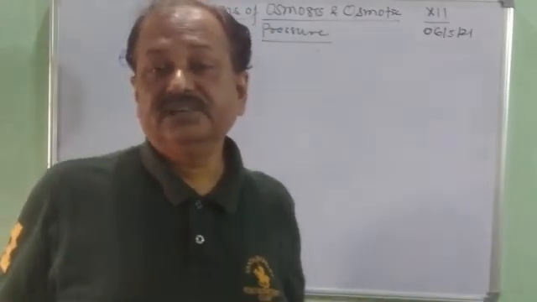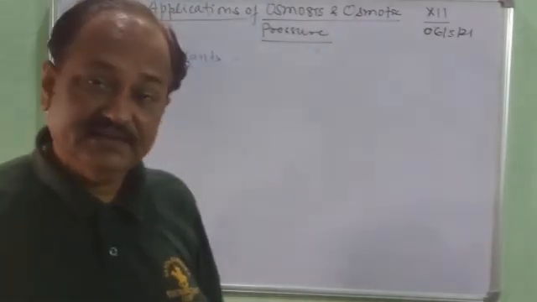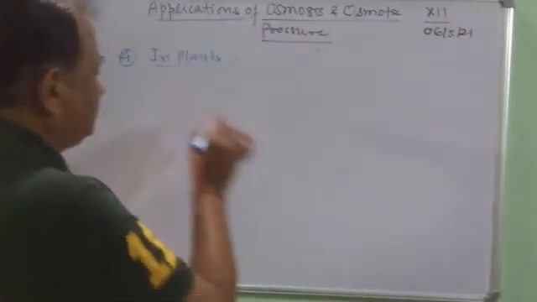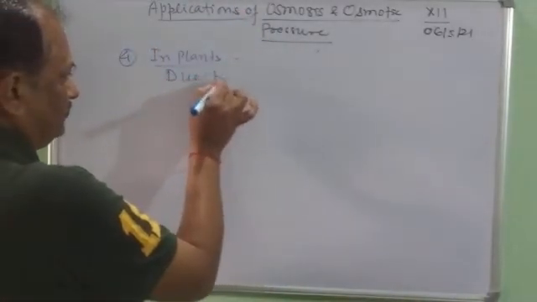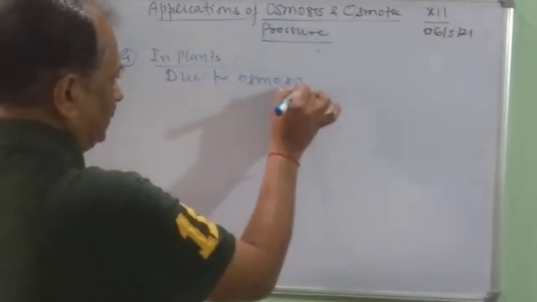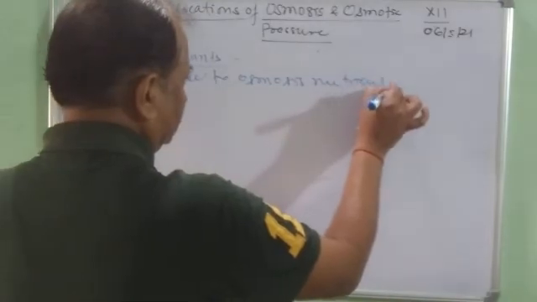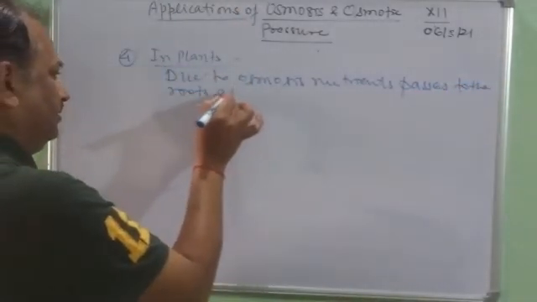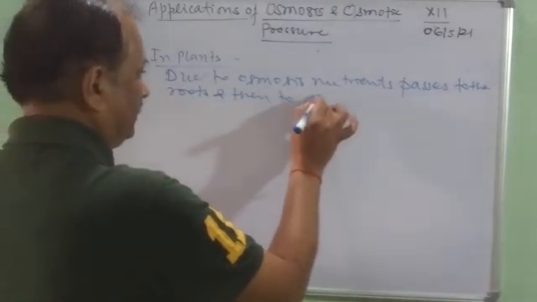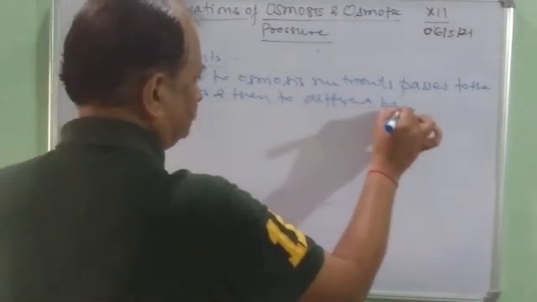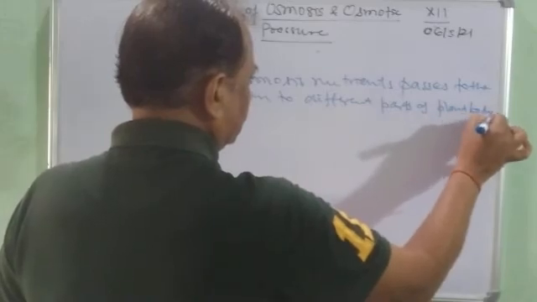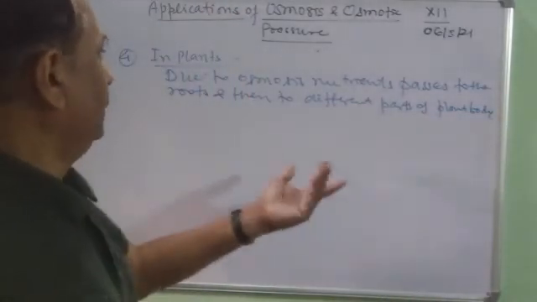Around the roots, the concentration of nutrients is very high, and inside the plant it is less, so due to osmosis, nutrients pass to the roots and then to different parts of the plant body. So this is there in plants.